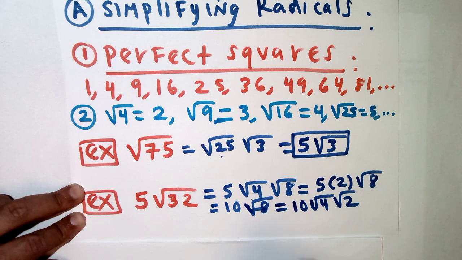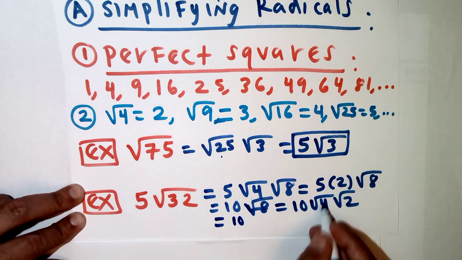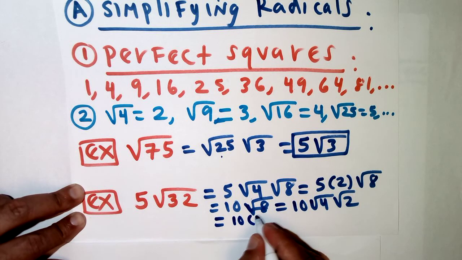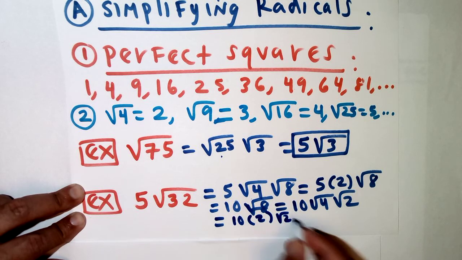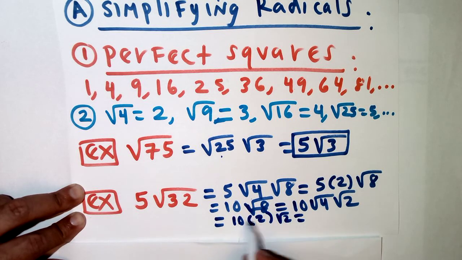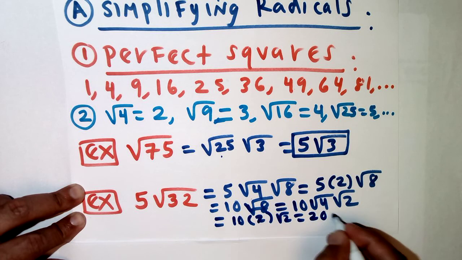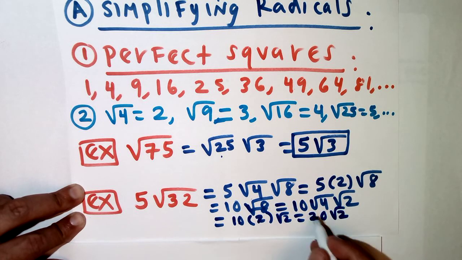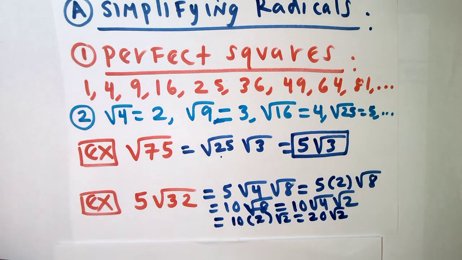So you are going to repeat the same process: 10, the square root of 4 equals 2, and then you have the square root of 2. 10 times 2 equals 20, and now you have the answer in lowest terms.